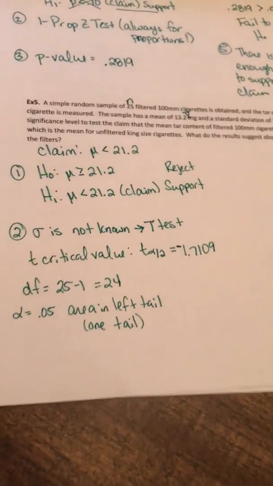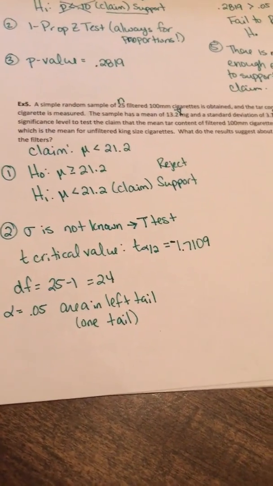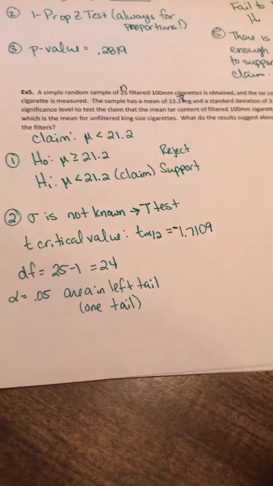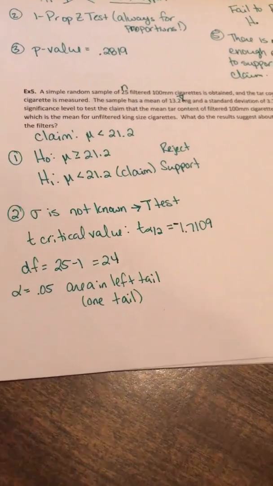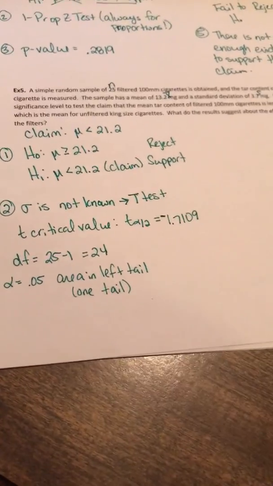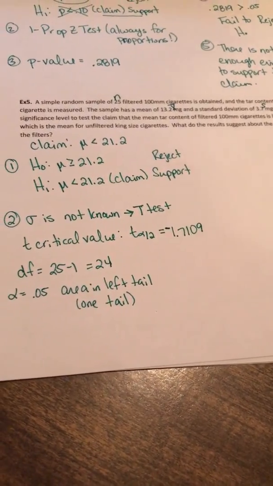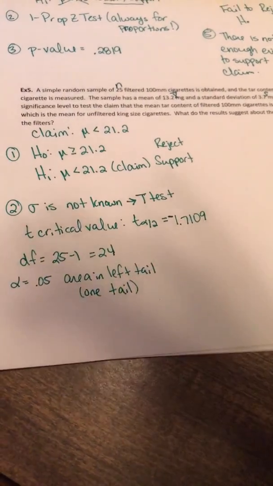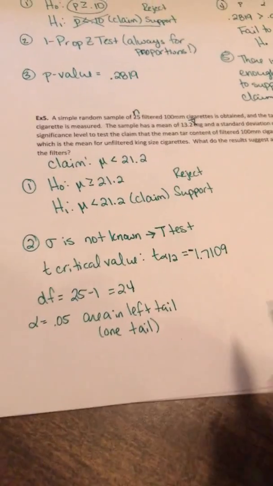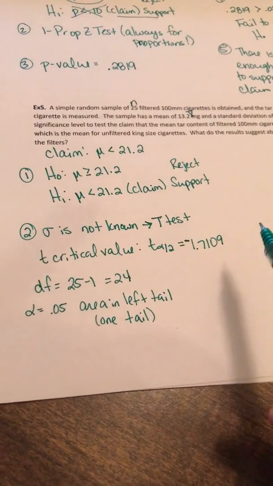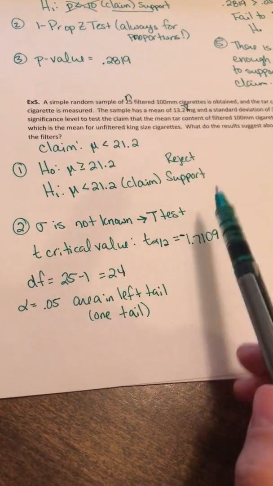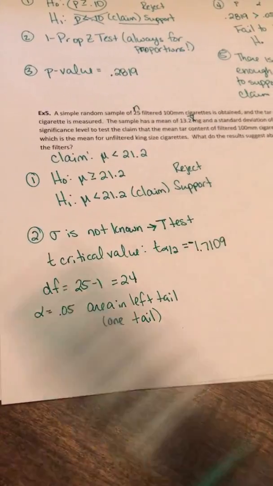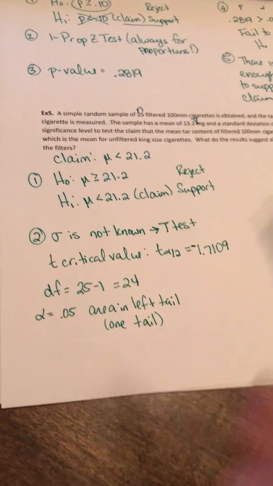So the trick with these is to remember: if it's a left-tailed test, alpha's in the left tail, so our critical value is going to be negative. If it's a right-tailed test, alpha's in the right tail, so it's going to be positive. And if it's a two-tailed test, you're going to use a negative and a positive. So our T critical value would be negative 1.7109. You have to remember to write down the negative, even though the chart's only listing out positives.